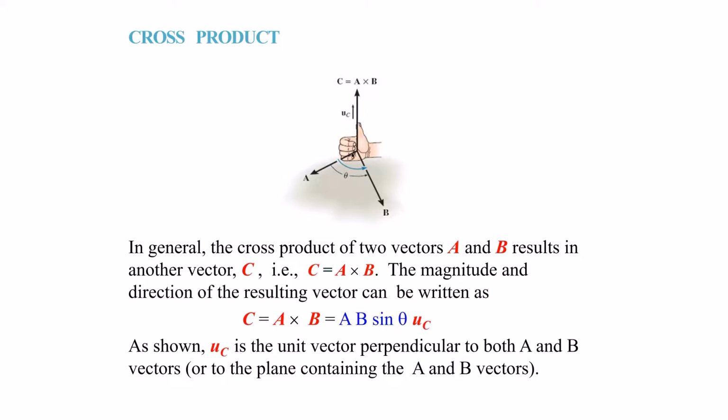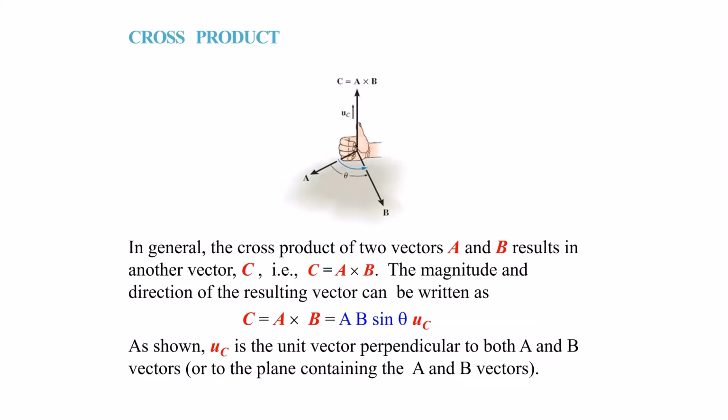So it's the first vector, and then for the second vector, you curl your fingers through the angle that is between the two. Provided that it's over here. Like I said, if it's over on the other side, you'd still have the right-hand rule, but your thumb would actually be pointing downward, okay? But you curl them off in the direction of the next vector.